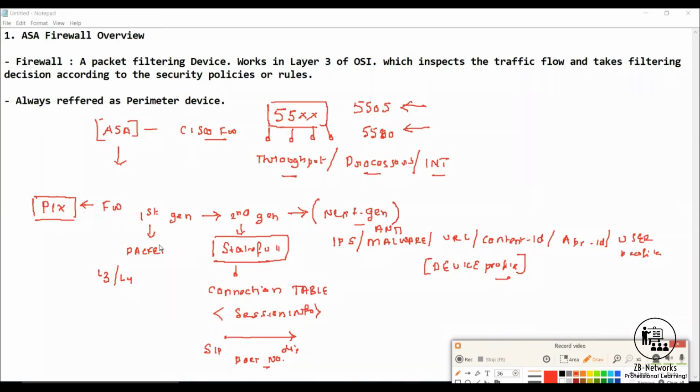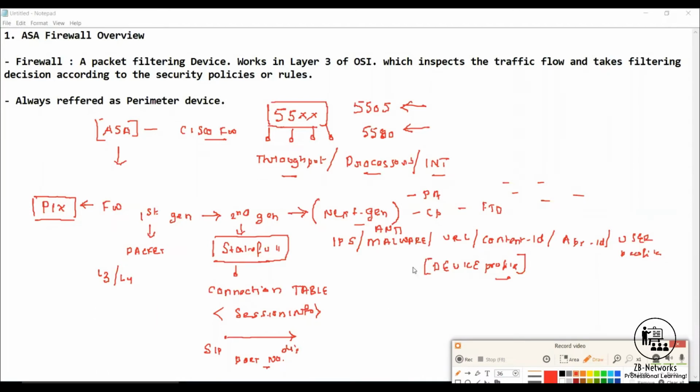Keep this in mind: the first gen firewall is a packet filtering firewall. It works in layer 3 and layer 4. Second gen firewalls became stateful, so they can maintain a connection table of the user session information. In the session information, also called the connection table, it maintains the user source IP, destination IP, and the port numbers. And in the next gen firewall, for example Palo Alto, you can think about Checkpoint, Cisco FTD, Fortinet, Dell SonicWall, Barracuda firewalls, Redwire, McAfee.